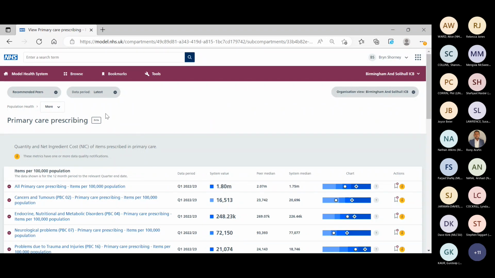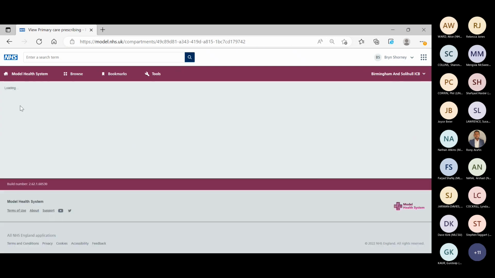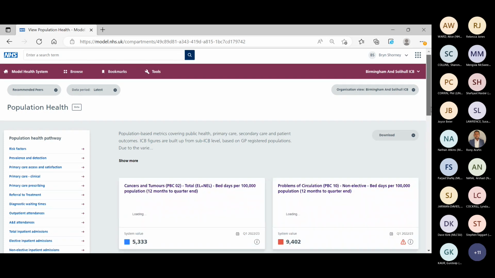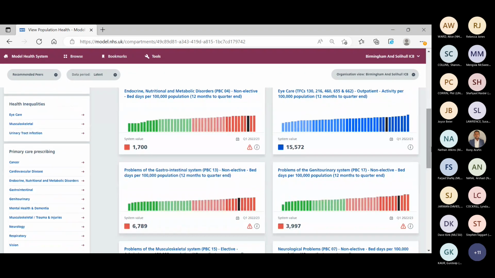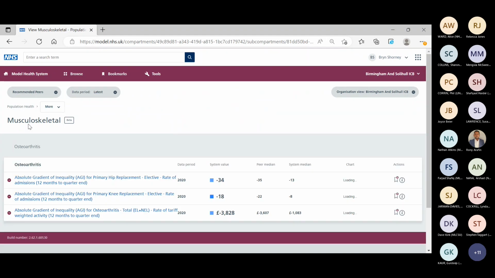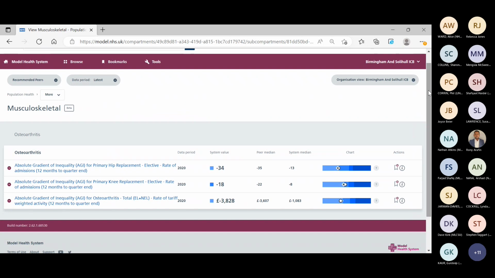Okay. One final thing I wanted to highlight was the inequalities metrics, as it's in the introduction. At the moment we've just got this broken down by deprivation, but we're looking at other protected characteristics as well in due course.